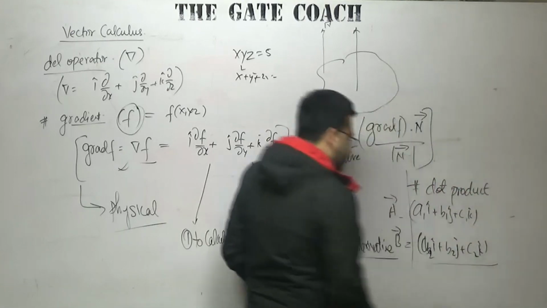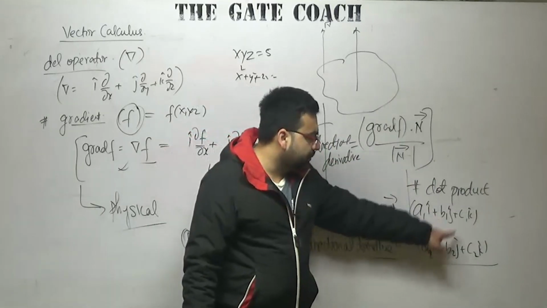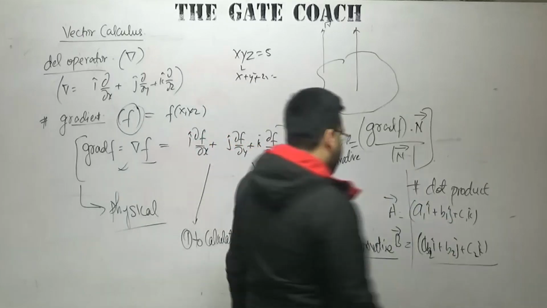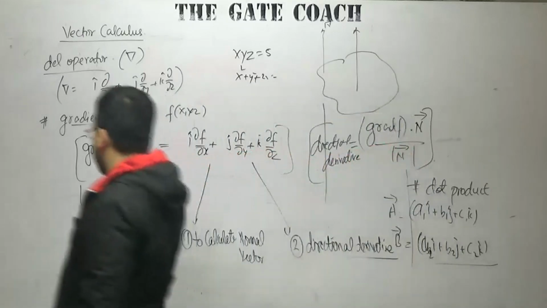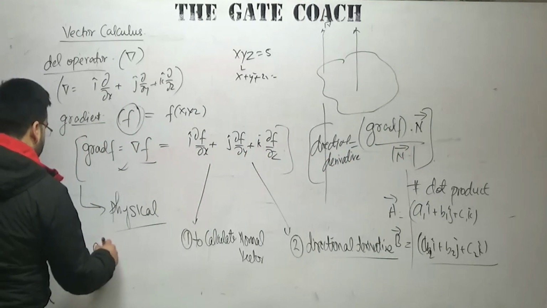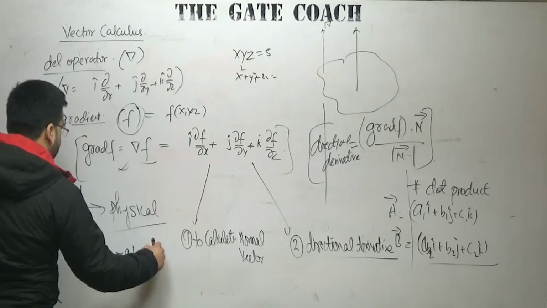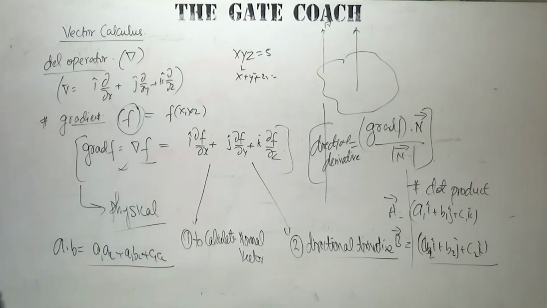The dot product A dot B will be equal to A1 A2 plus B1 B2 plus C1 C2. This will be the dot product.